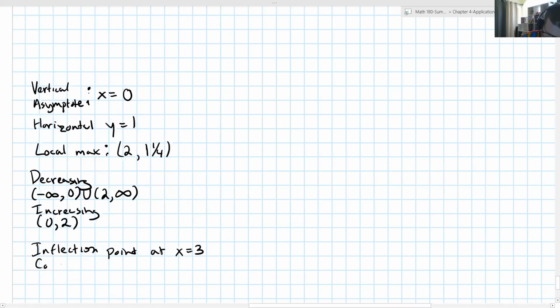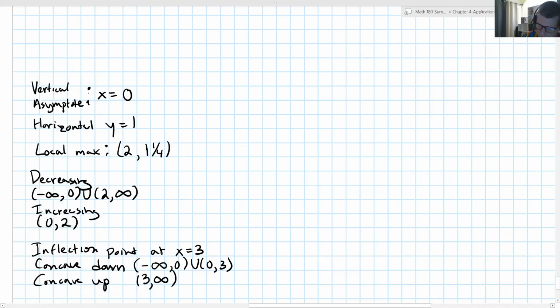Concave down from negative infinity to 0, union 0 to 3, and concave up from 3 to infinity. There you go. All right.